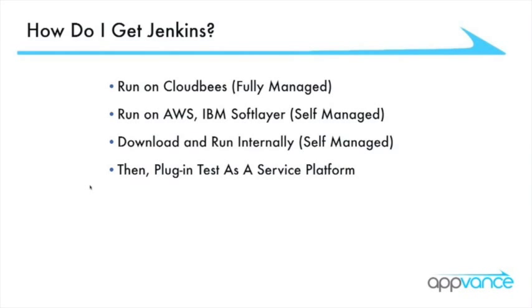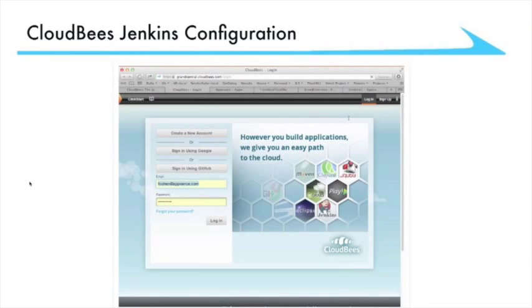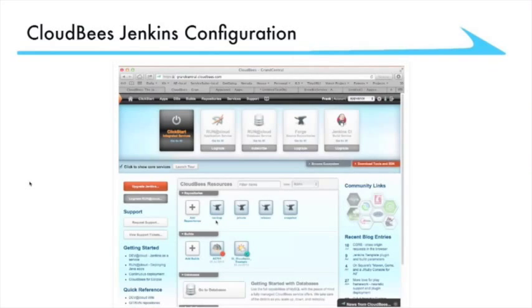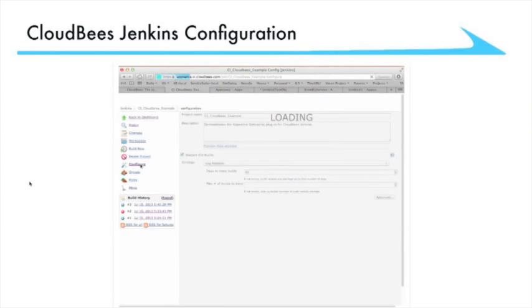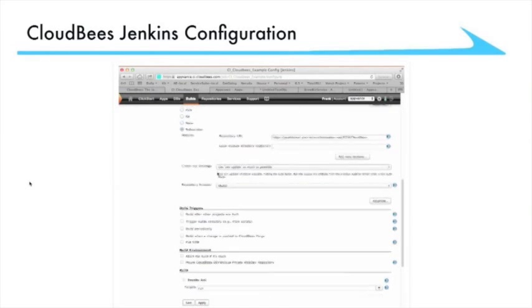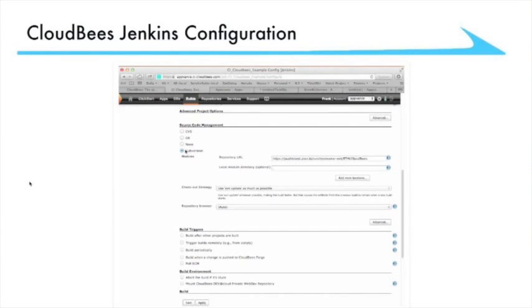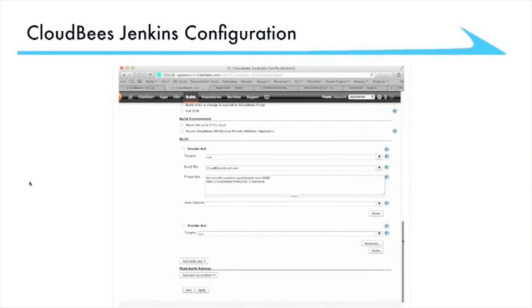Okay, so let's look at a typical Jenkins configuration using the CloudBees environment, and I've got that on this slide. Here I am logging into the CloudBees environment, and you can see I have a number of different projects that are up and running, and this is a typical Jenkins setup where I've got a project configured. The project configuration is all done through a web interface, so it's really pretty easy to set up. It supports all of the major repositories, so if I'm using CVS or Git or Subversion, I've got immediate support for that.